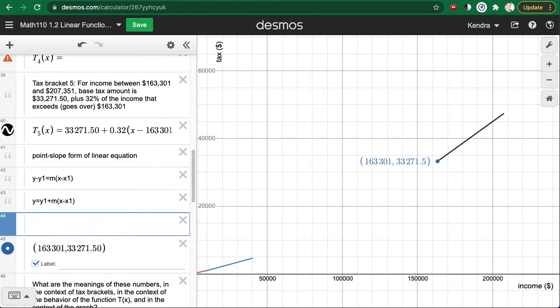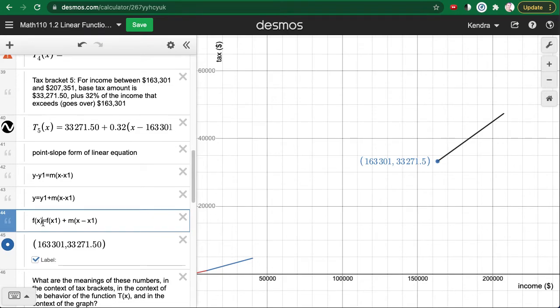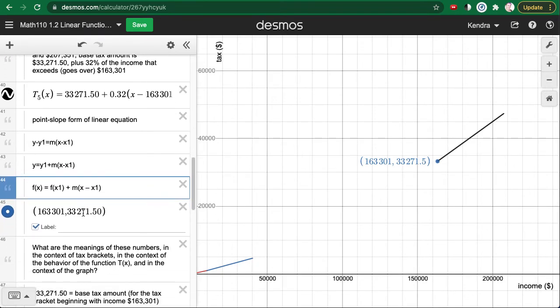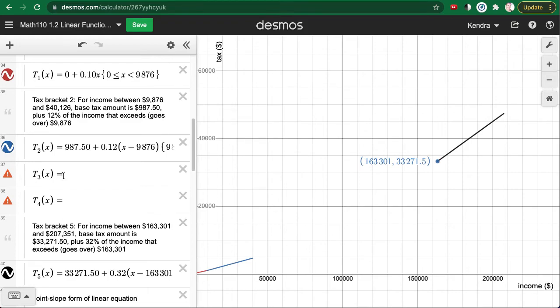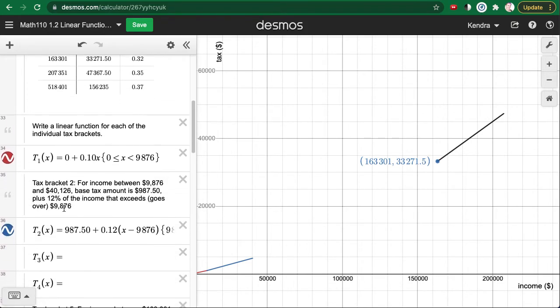And that y1 is actually f of x1. Okay. So it's a good idea to practice actually writing all of these. There's basically 7 practice problems there.